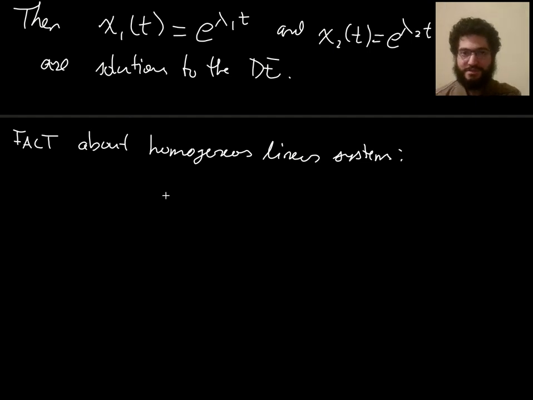If you find multiple solutions, then any linear combination of them is a solution. In other words, the way you probably phrased this in linear algebra is, for a homogeneous linear system, the set of solutions is a vector space. It is a subspace of the collection of all possible functions that you could try.